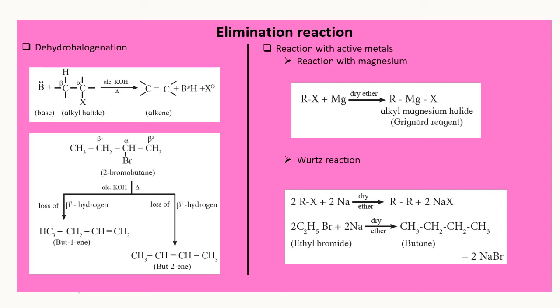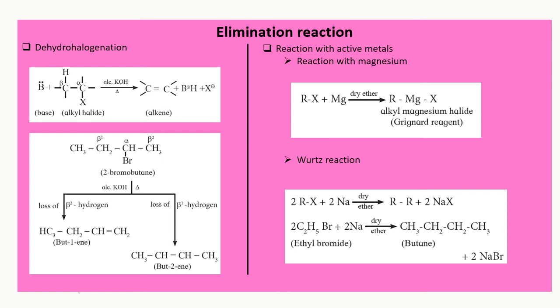This reaction is called beta elimination or 1,2 elimination reaction. As hydrogen and halogen are removed in this reaction, it is also called dehydrohalogenation. In dehydrohalogenation, the preferred product is that alkene which has a greater number of alkyl groups attached to doubly bonded carbon atoms.